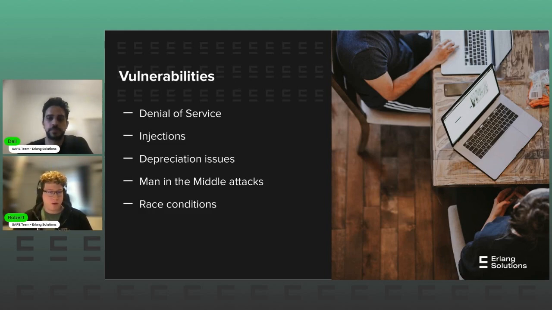And deprecation issues, again, we should just avoid using deprecated functions. Man-in-the-middle attacks are when you configured your system in a bad way, and someone might get into the SSL handshake. And the last one, race conditions, is when you have bad process prioritization or bad process linkage.